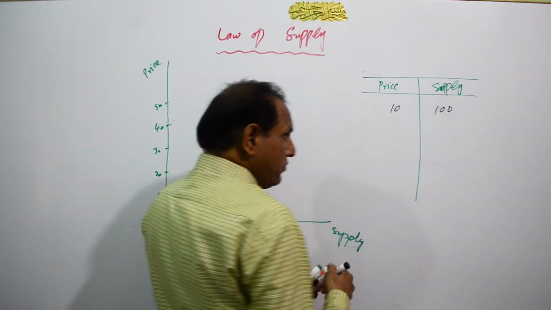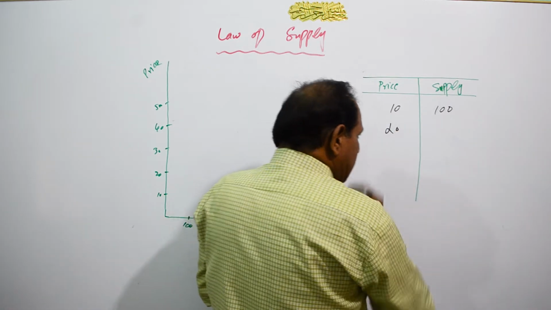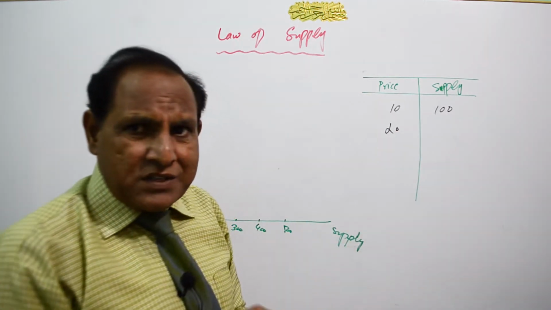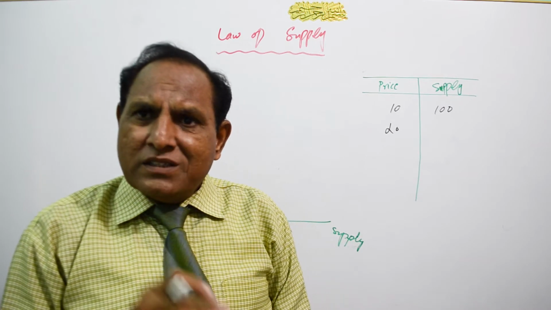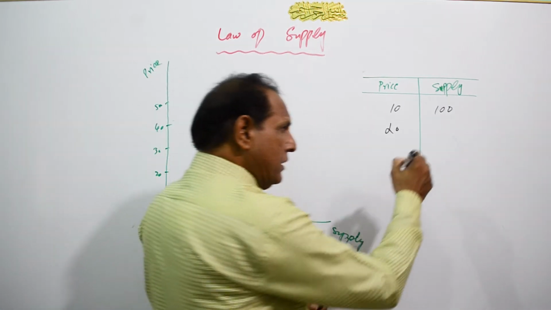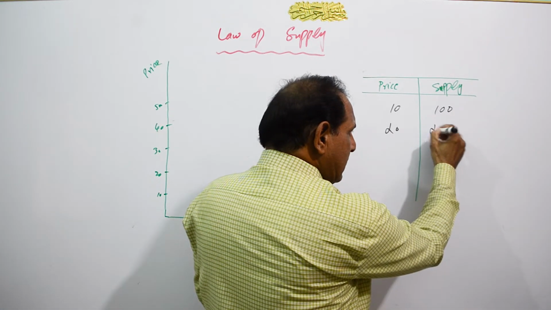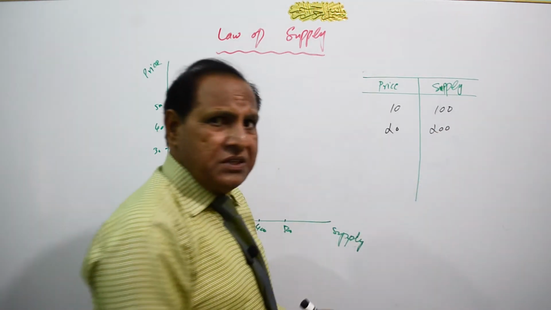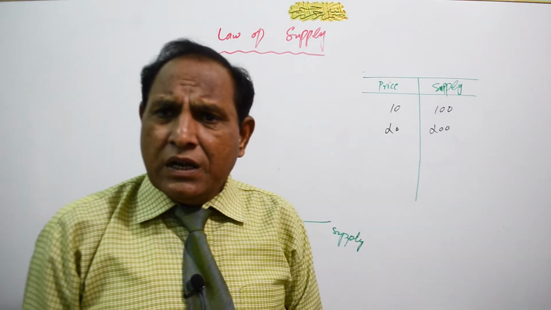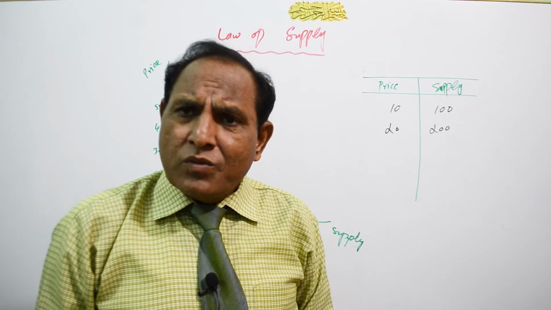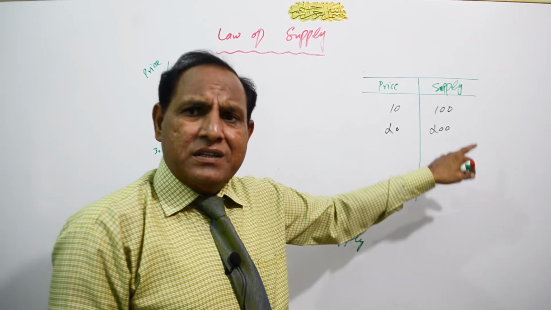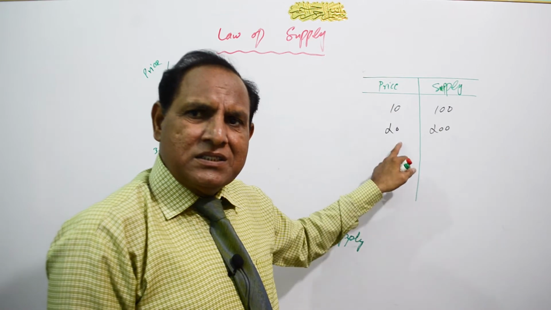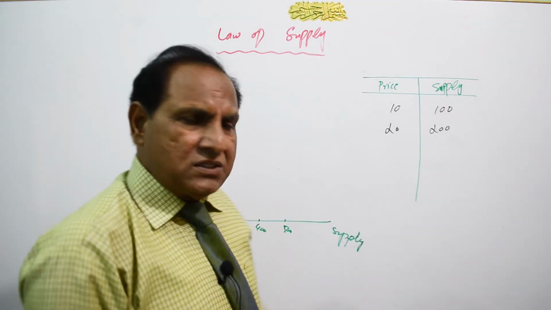But if the price increases, our supply side also increases, and now the suppliers will be more than 100. It may be 200, 300, 400, whatever it may be, but it will not be equal to 100. Surely it will increase. When the price increases, supply also increases.